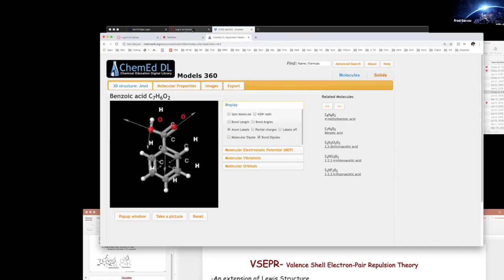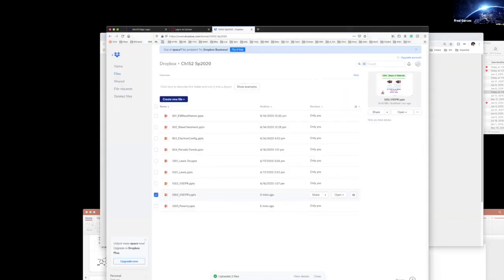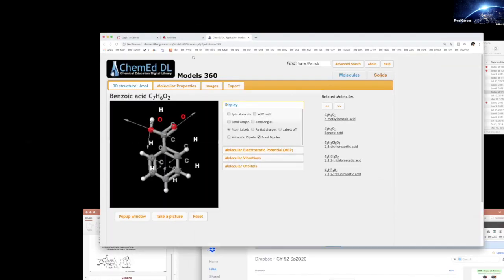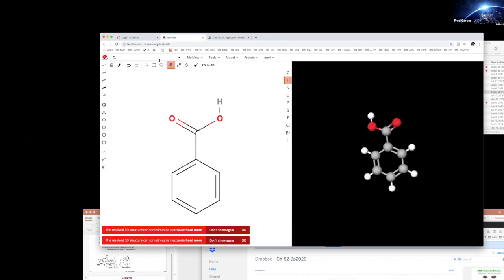So again, you can use this site right here. It's called MoView. It's going to be in your next week's active experiment where you can create molecules and then render it into a 3D geometry.